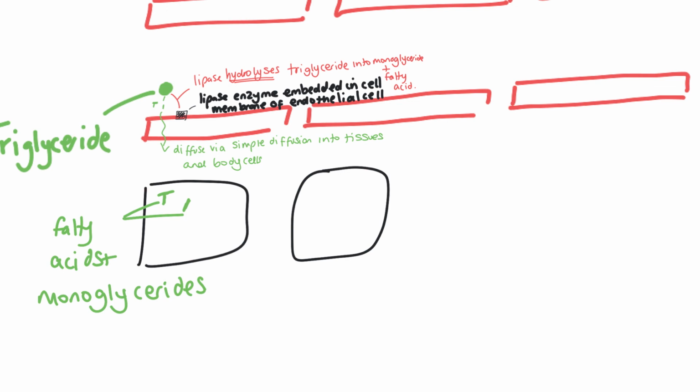Embedded in the cell surface membrane of the endothelial cells of the capillary are lipase enzymes. These lipase enzymes hydrolyze the triglycerides into monoglycerides and fatty acids. These are then able to diffuse via simple diffusion across the endothelial cell and into the tissues, and then into the body cells. And then they can be used to build up new things like hormones and cell membranes and all sorts of different things that you need that make fat, or they can be stored in adipose tissue as fat.